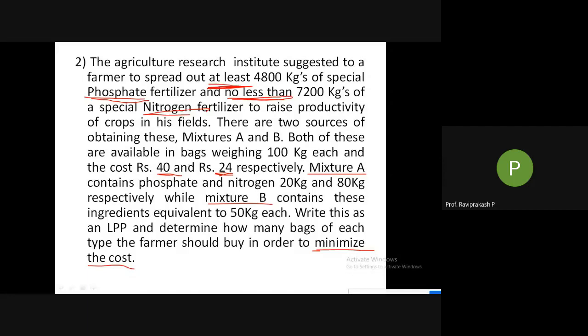Students, fast. If you have completed the objective function, you can move to the constraints, subject to.